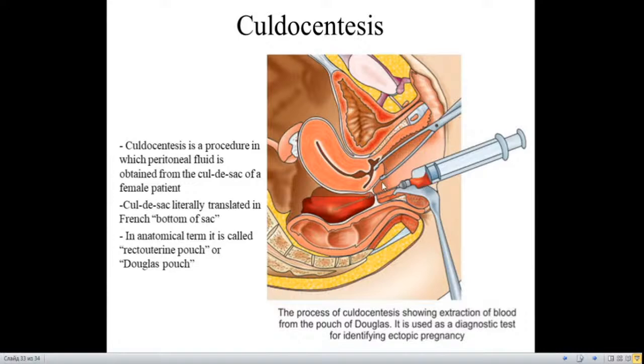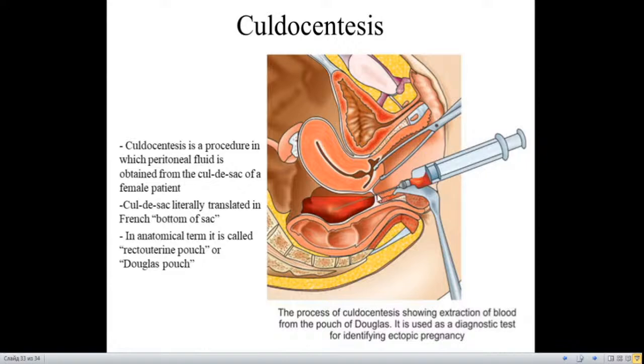The vaginal portion of the uterus is embraced by the walls of the vagina, and there is a space between the wall of the vagina and the wall of the cervix, and this space is known as the fornix of the vagina. Due to topography we can distinguish its posterior part, anterior part, and two lateral parts, or simply posterior fornix, anterior fornix, and two lateral fornices.